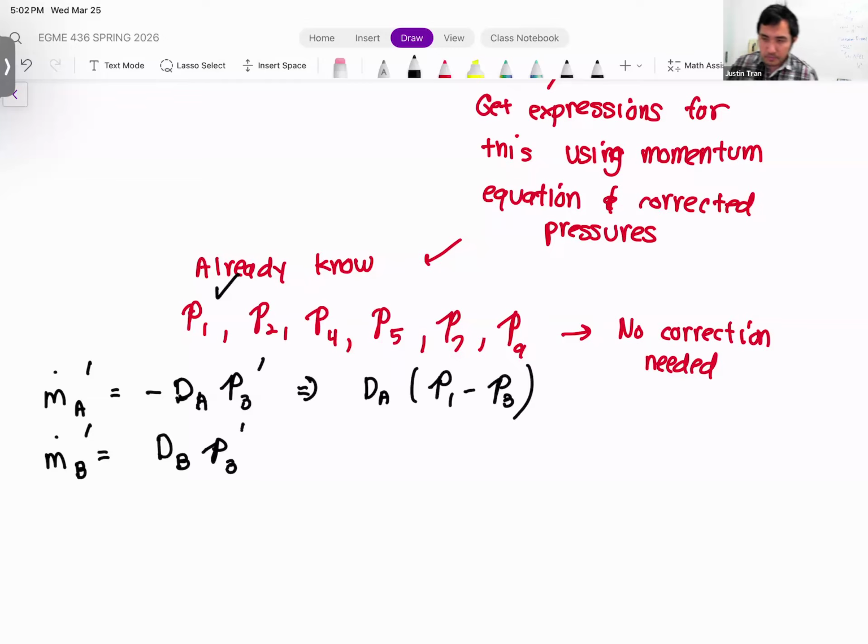Because P1 is known, we don't need to correct it, and so the only term that needs correcting is P3 prime. Similarly for m dot B, m dot B is dB multiplied by P3 minus P2. P2 is known, so we don't need to correct it, and so our correction equation is just dB times P3 prime.